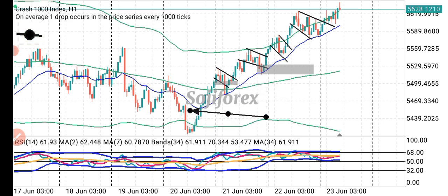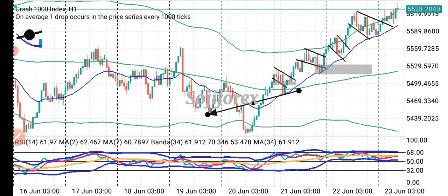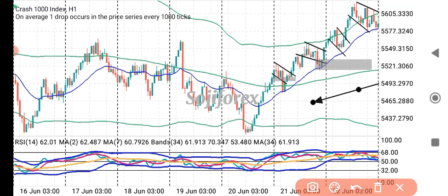So going by our indicator, we have said in our previous videos that when you have price below the middle Bollinger Band, it's a downtrend, and of course it is not just being said. You can see how price has been respecting the lower Bollinger Band, and you can see how price is giving us a series of lower high, lower low.